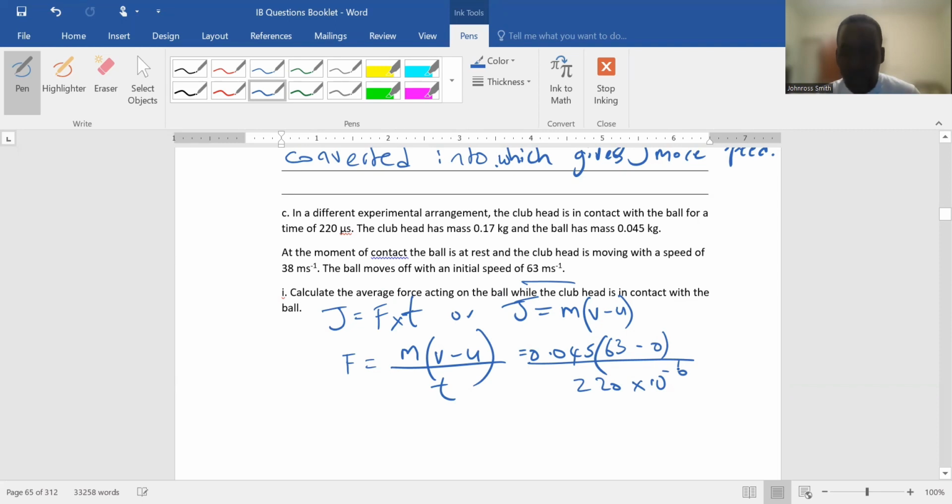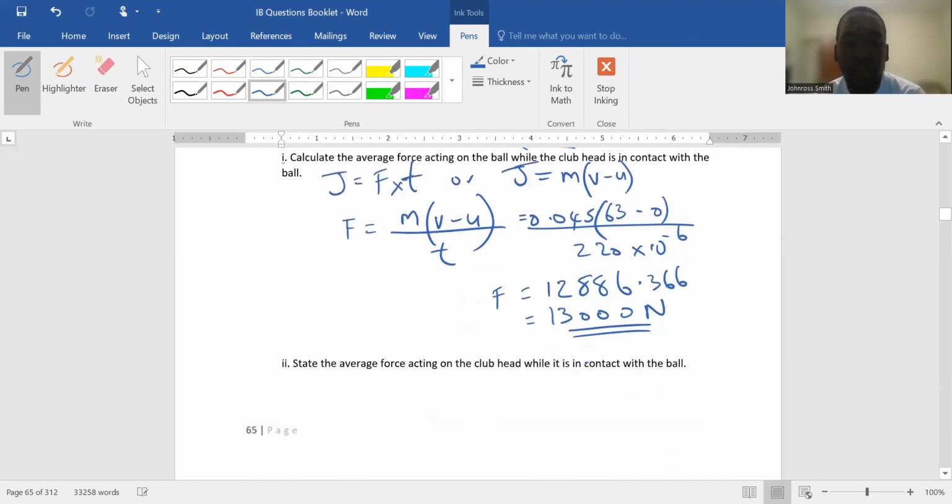So when we put all of this, 0.045 times 63, and then we divide that by 220 times 10 to the negative 6, we get that there is a force being applied of 12,886.3666, which we round off to 2 significant figures, we get 13,000 newtons. All right, so that's the amount of force that is being acted on by the club head onto the ball.